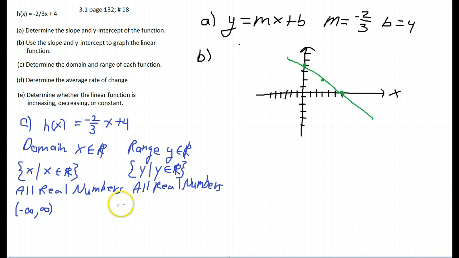I could also do interval notation. Because the graph is going to continuously go up and down, and there are values for y, my range is also from negative infinity to positive infinity.